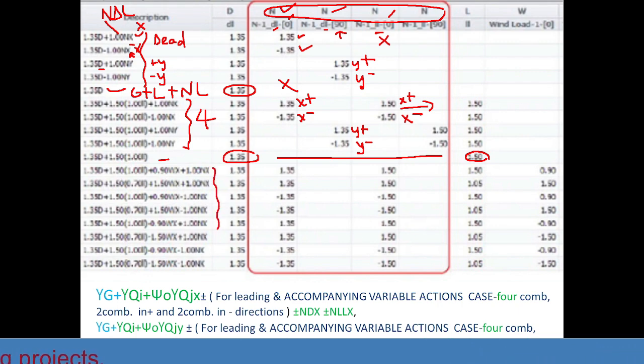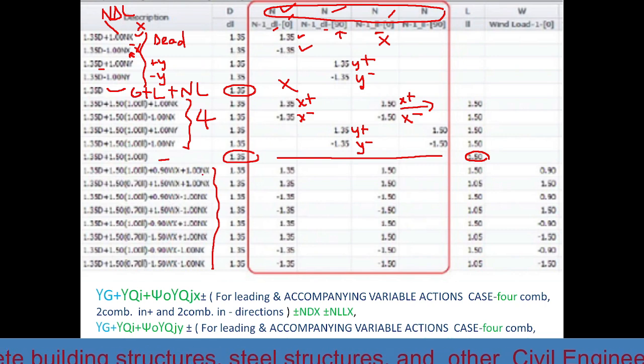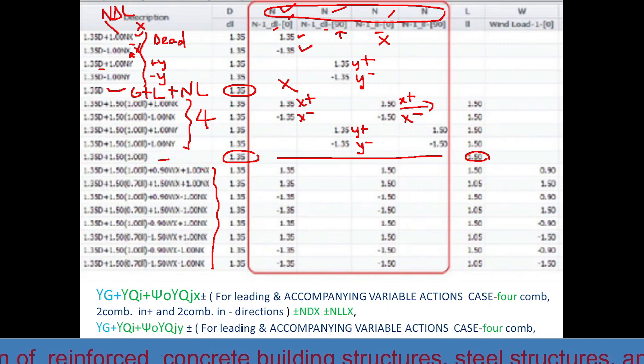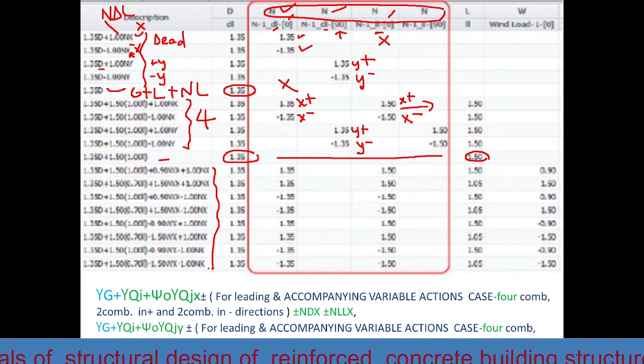And the other is the lateral load combination. In the case of lateral load combination, how many combinations are there? 8 combinations.